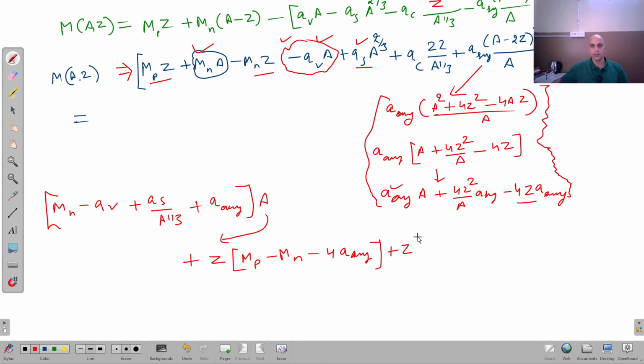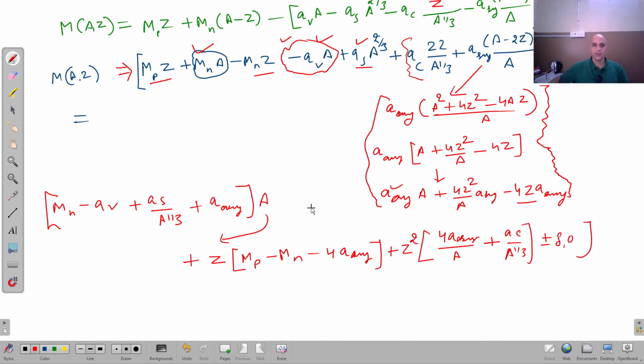Now I am taking Z square common. For Z square, this one is the first term, 4 A symmetry divided by A plus this term is left, A Coulomb energy divided by A power 1 by 3 plus minus delta 0.